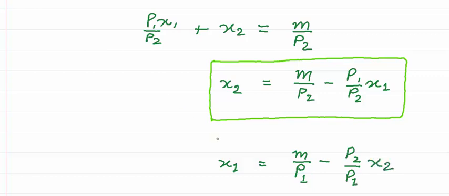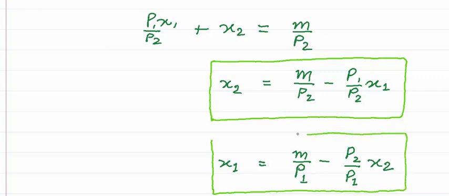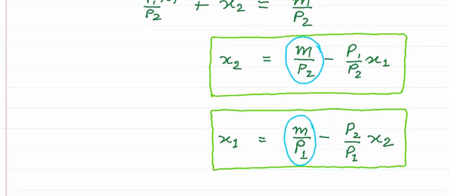In this case, we have divided all the terms by P1, and hence this is the quantity of good 1 consumed by the consumer. In this case, M by P2 is the intercept on the y-axis and M by P1 is the intercept on the x-axis.